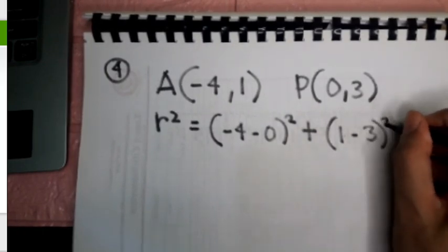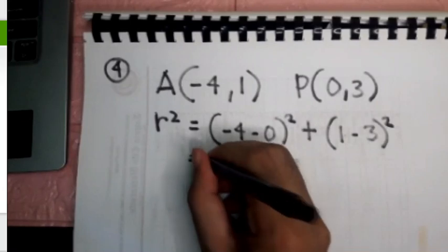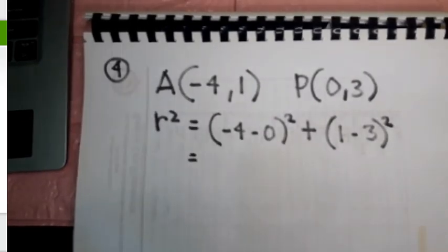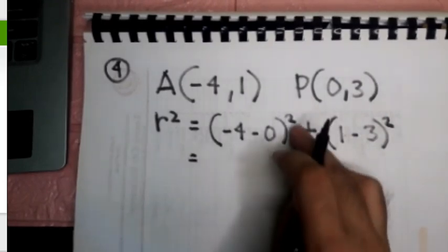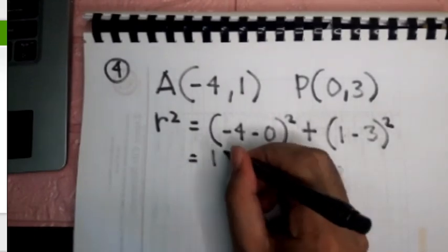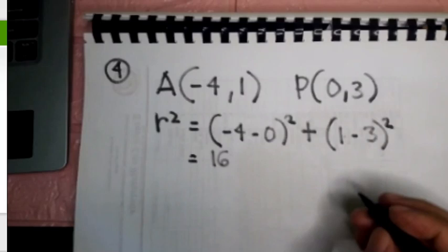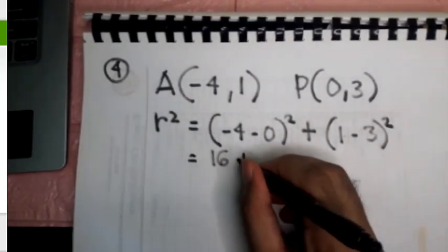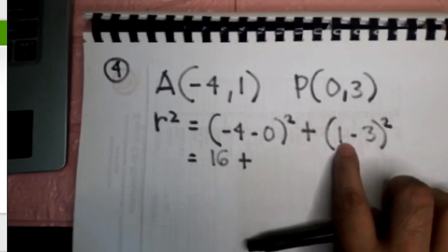Compute that. Negative 4 squared is 16. 1 minus 3 is negative 2. Negative 2 squared is 4. So we have 20.